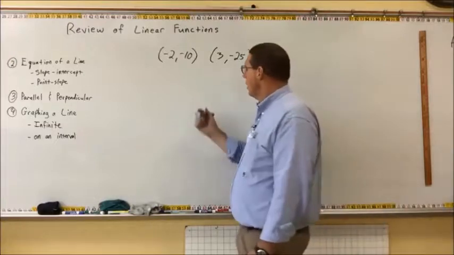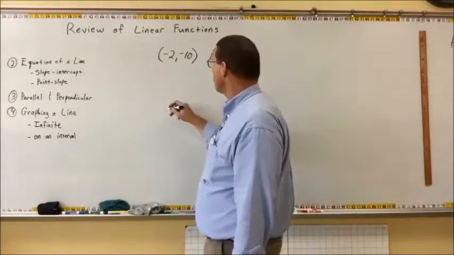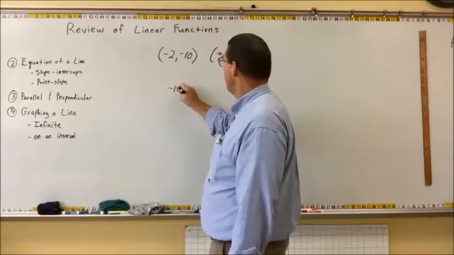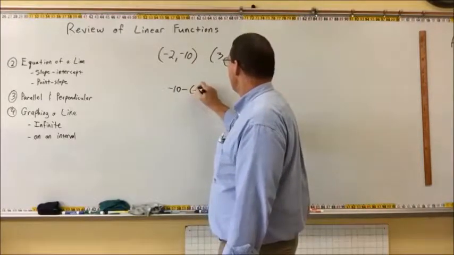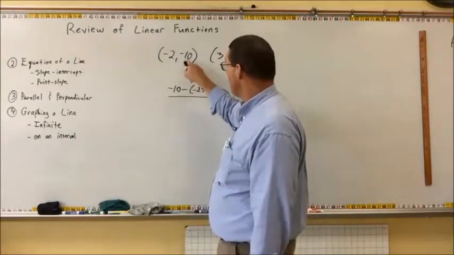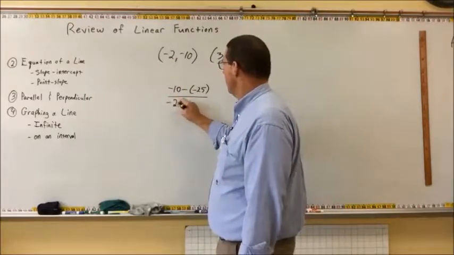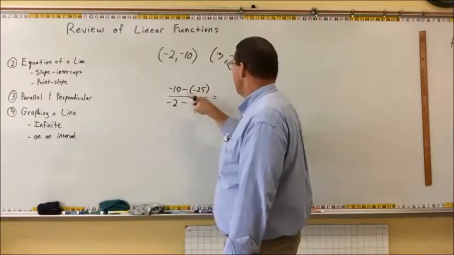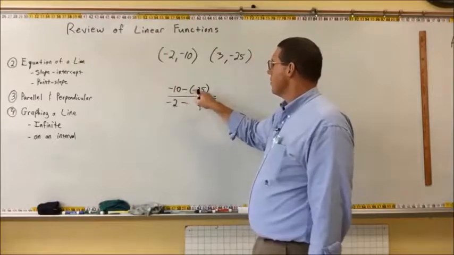Okay, so we'll do the slope first. So the slope is going to be one of the y values, negative 10, minus the other y value, negative 25, over the x value that goes with negative 10, which is negative 2, minus the x value that goes with negative 25, which is 3. Negative 10 minus negative 25.